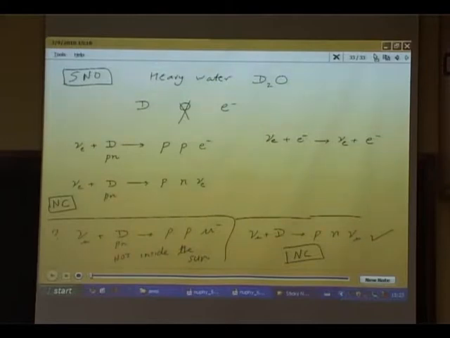An NC interaction will not be able to distinguish between electron neutrino and muon neutrino. Therefore, if you look at only the neutral current interactions, then it should not matter to you whether a nu E came to you as nu E or whether it went to nu mu or nu tau.